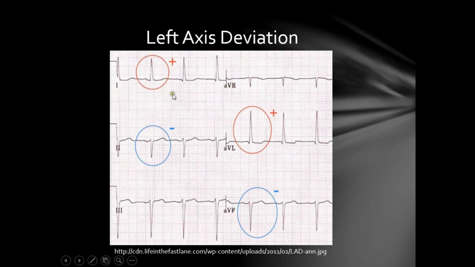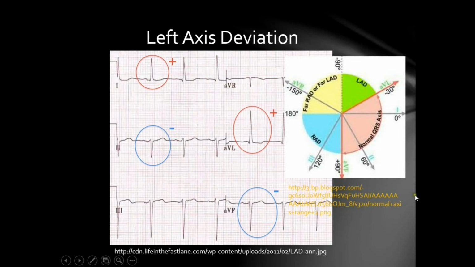Here we can see an example of left axis deviation. We can see that lead 1 is positive, lead 2 is negative, and aVF is negative. So the axis is moving towards lead 1 and away from leads 2 and aVF. We can see on this illustration that the cardiac axis would be moving towards lead 1, so about right here.